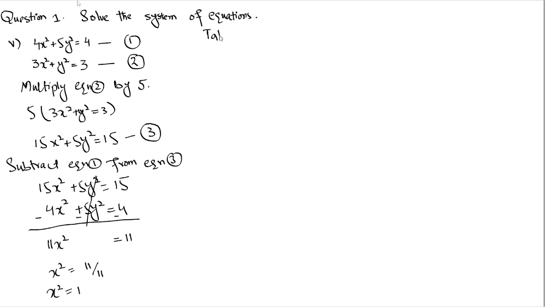So taking the square root of both sides, we have the square root of x square is equal to the square root of 1.